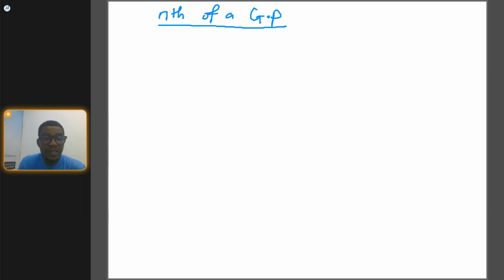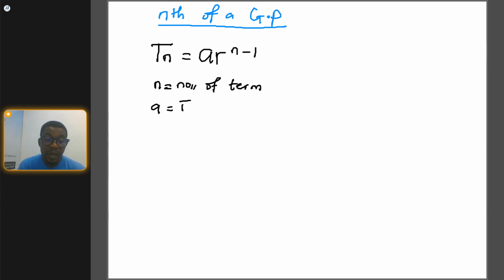The nth term of a GP is given as Tn equals a r raised to power n minus 1, where n is the number of terms, a is T1, that is the first term, and r is the common ratio.